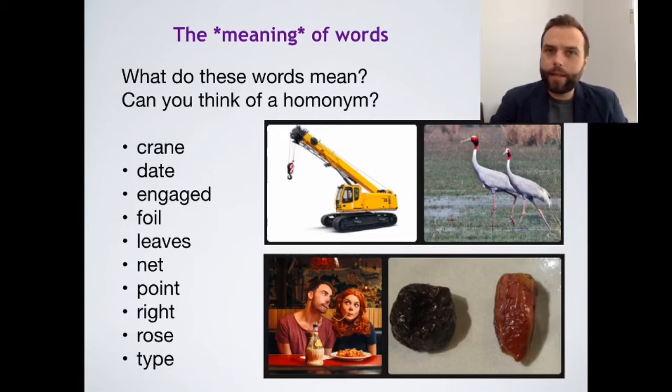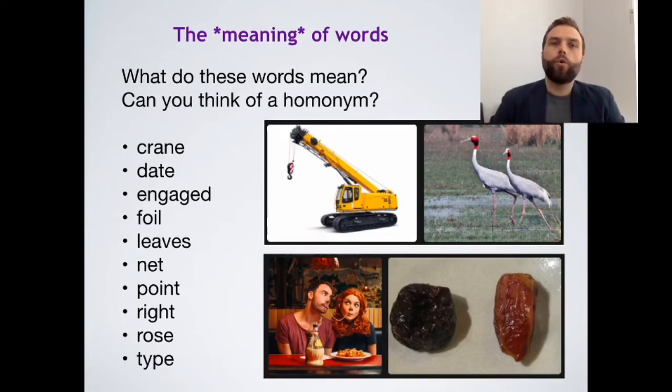A date has two meanings: a kind of romantic date, and also a date which is a dried fruit. Now all of these words have two different meanings: engaged, foil, leaves, net, point, right, rose, and type.